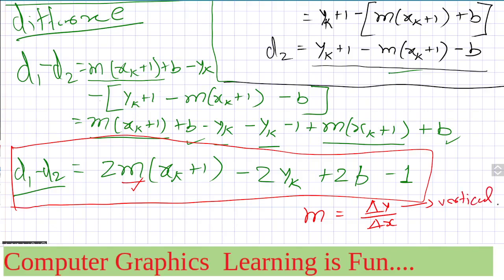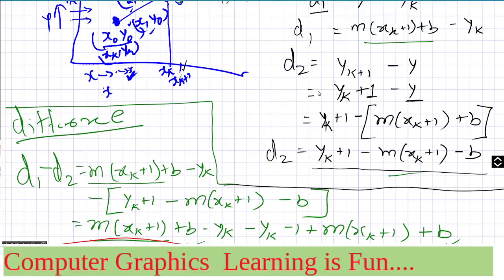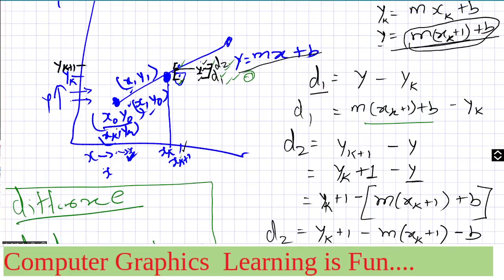So this was your line, x naught, y naught, x n, y n. So this m is what? Yn minus y naught upon xn minus x naught. So delta y is yn minus y naught and delta x is xn minus x naught.